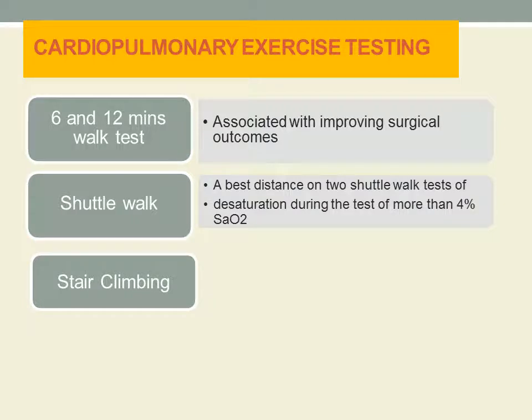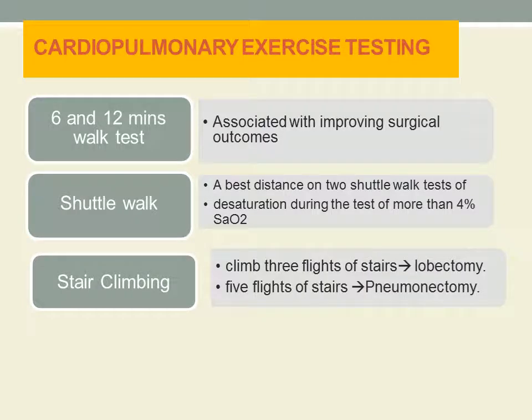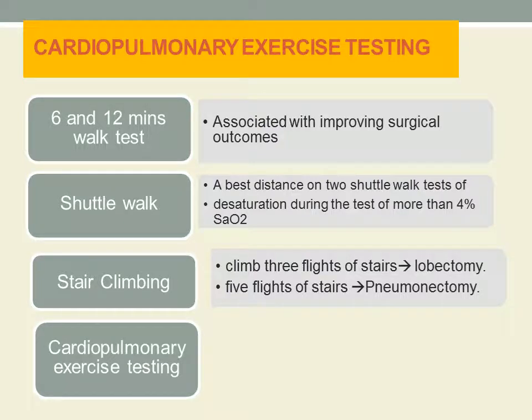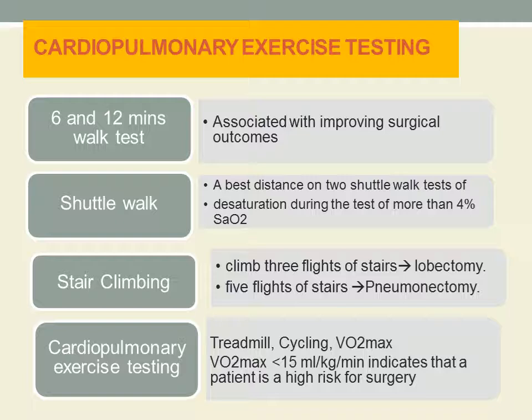Stair climbing: climb 3 flights of stairs for lobectomy and 5 flights of stairs for pneumonectomy. Cardiopulmonary exercise testing, treadmill, cycling: a VO2 max of less than 15 mL per kg indicates that the patient is at high risk for surgery.